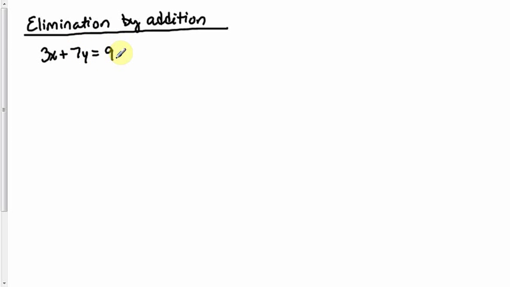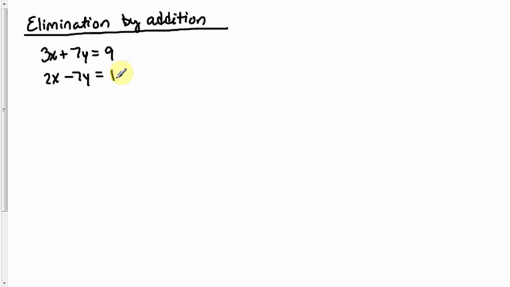And then when I know that I'm going to use the elimination method, I keep my equations on top of each other so that I can add them straight down, okay? And I'm going to make this one be, let's say, 2x minus 7y equals 1.